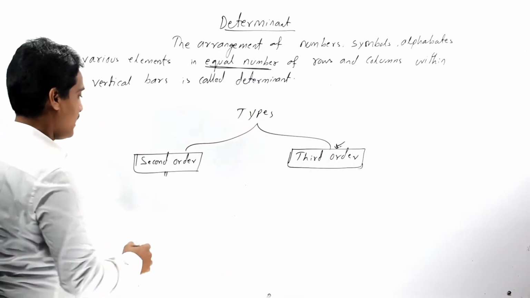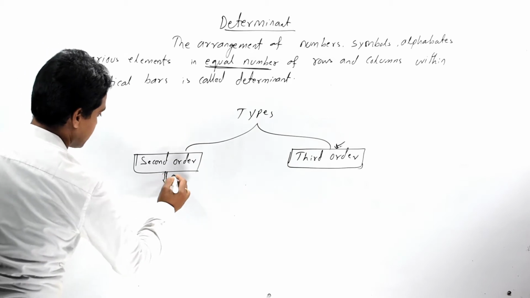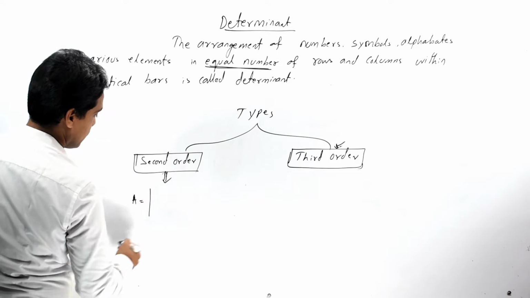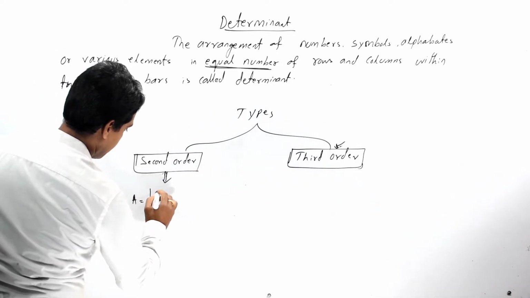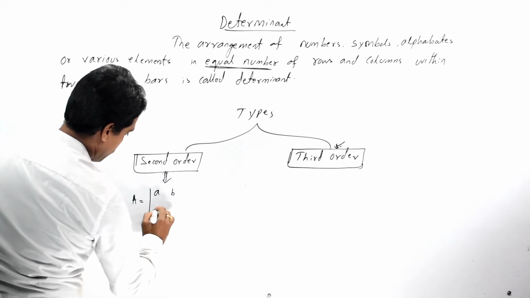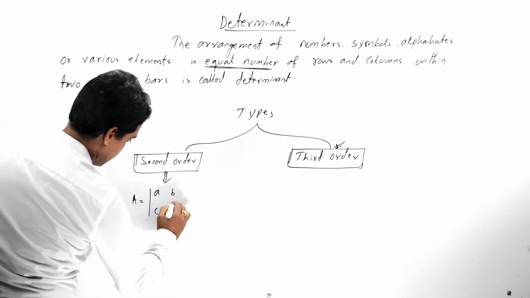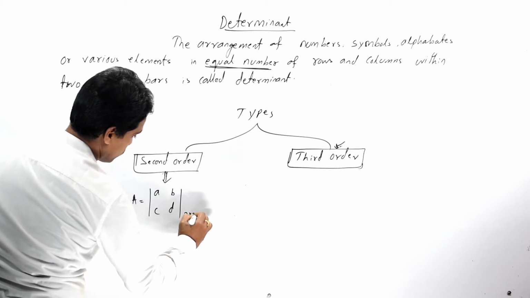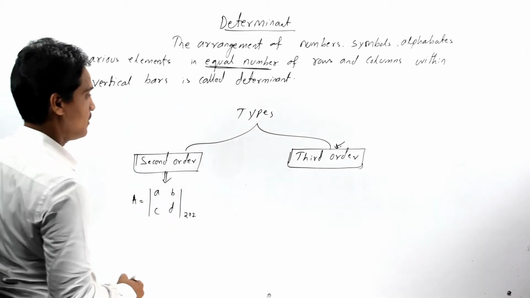So let's take an example of a second order determinant, that is A, the determinant having 4 elements, that is 2 rows and 2 columns.